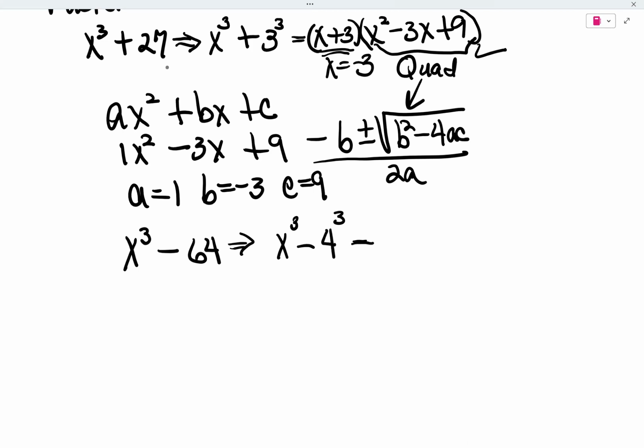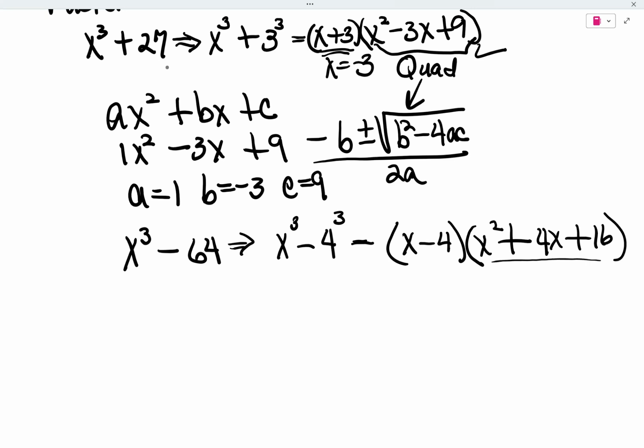So now we continue factoring that trinomial to get x minus 4. And this becomes x squared, plus, it's always the plus, the 4x, and then plus obviously 16. Once again, I promise you, if you do the quadratic formula, you're going to get an imaginary number.